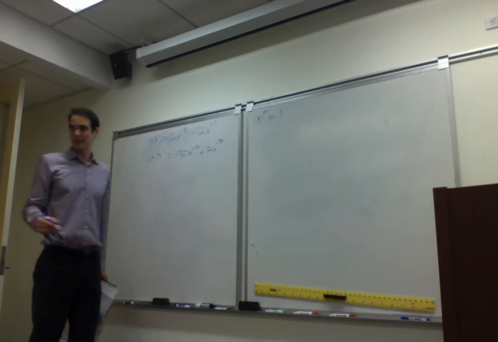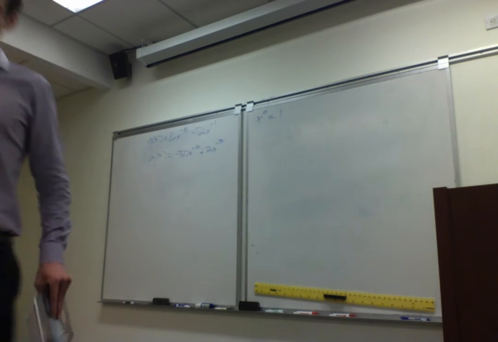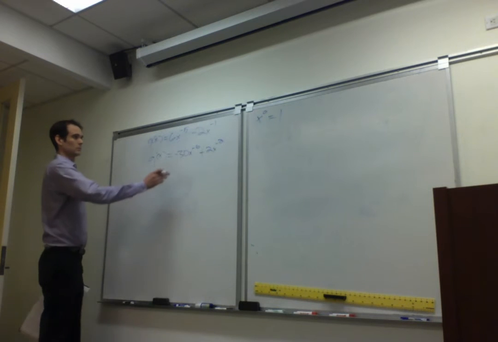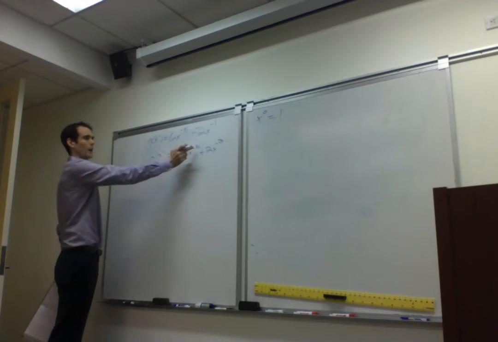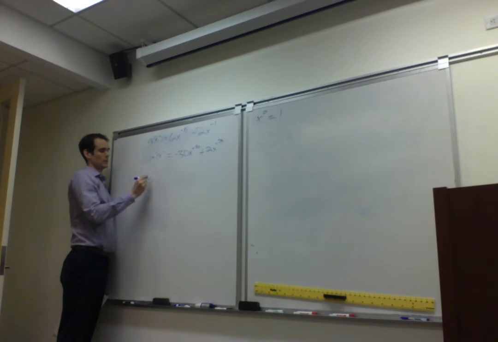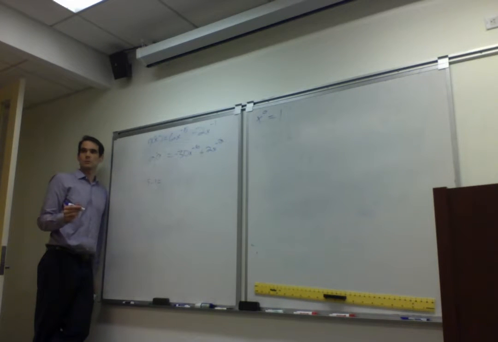Okay, so, rocking and rolling. Now let's do some. So negative 5 minus 1 equals negative 6.